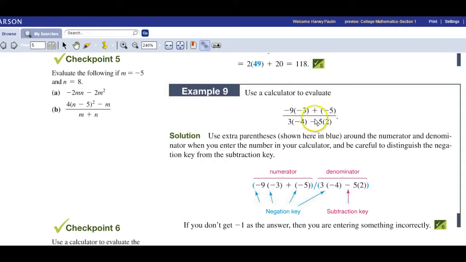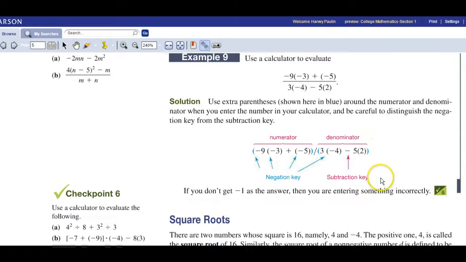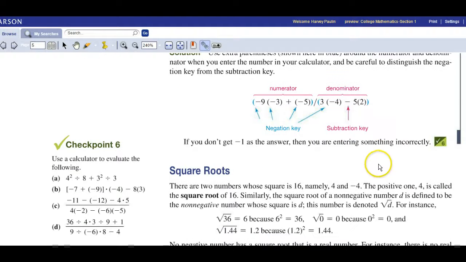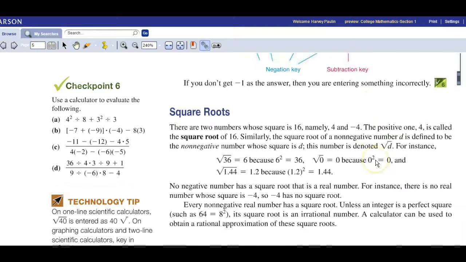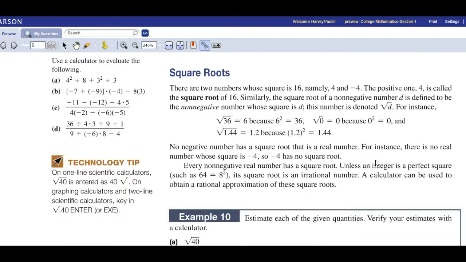Everything on the bottom, get a final value, and then you do your division. And it's good to practice to see if in fact you're getting correct answers. Now another operation that we do is called square roots.